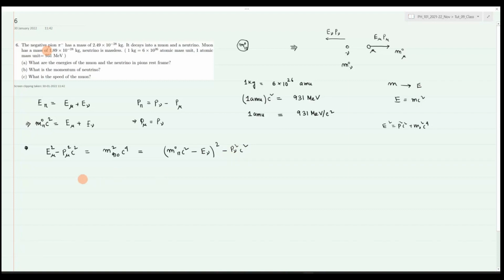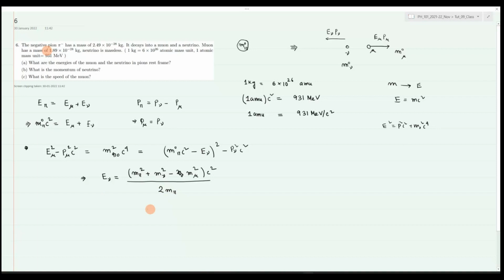If you substitute this, finally you will get that E nu is equal to (M pi square minus M mu square) whole into c square by 2 M pi. I am not writing this 0 again. You just have to do this calculation, then you will reach this step.